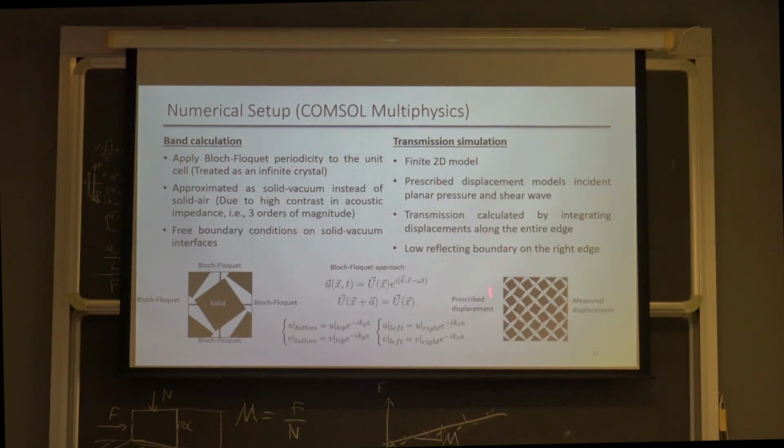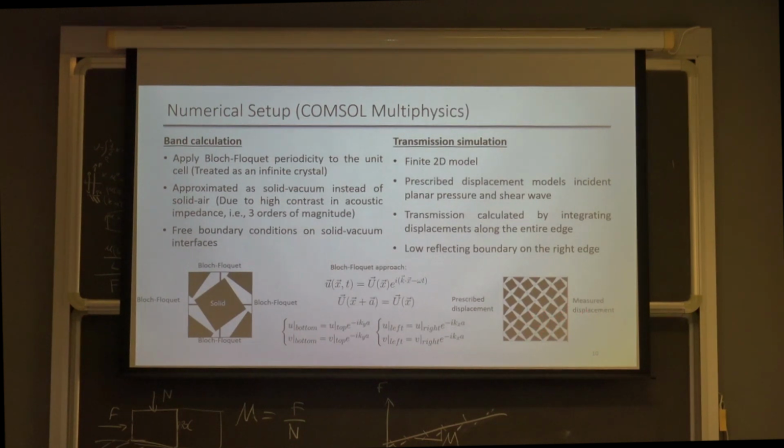Then, because, as I showed you with the printed sample, we fabricated 4 by 4 cells, we did finite 2D modeling. We defined a prescribed displacement, either longitudinal or transverse, on the left side, and measured the average displacement on the right side.